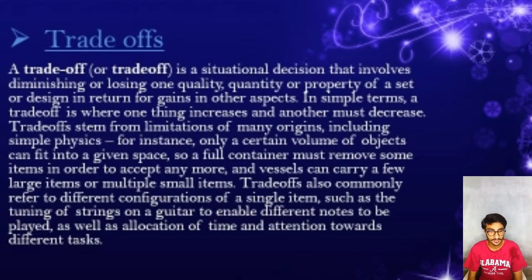Now, trade-offs. What is a trade-off? A trade-off is a situational decision that involves diminishing or losing one quality, quantity, or property of a set or design in return for gains in other aspects. In simple terms, a trade-off is where one thing increases and the second thing must decrease. Trade-offs stem from limitations of many origins, including simple physics.